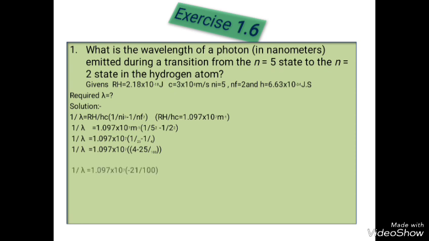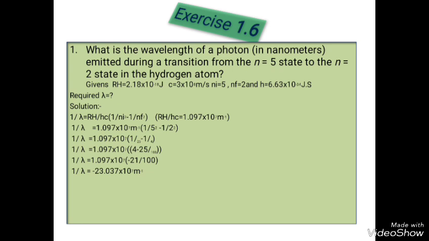And 1 over lambda equals 1.097 times 10 to the power of 7 in brackets negative 21 divided by 100, because 4 minus 25 equals negative 21. And 1 over lambda equals negative 23.037 times 10 to the power of 7 meter inverse.